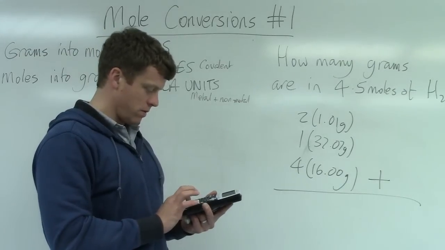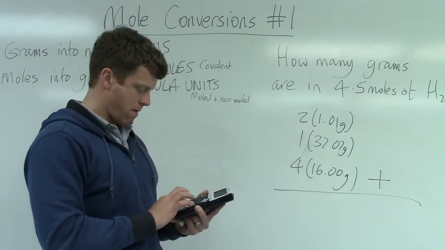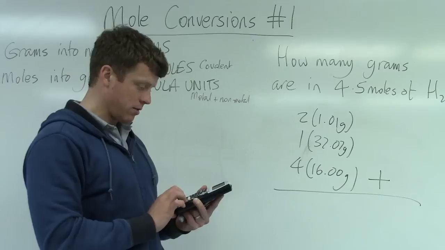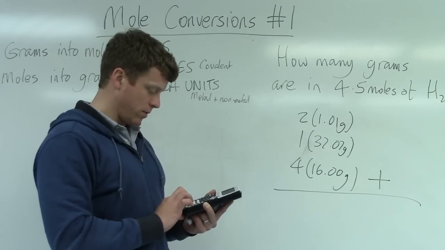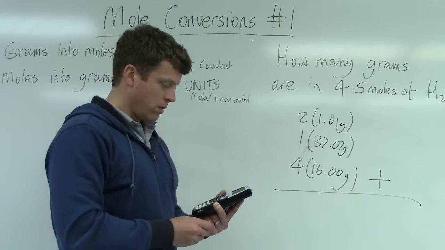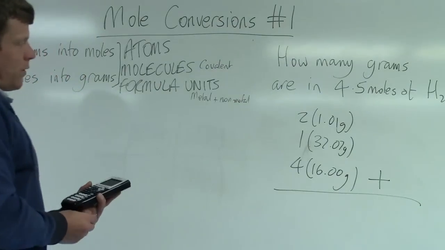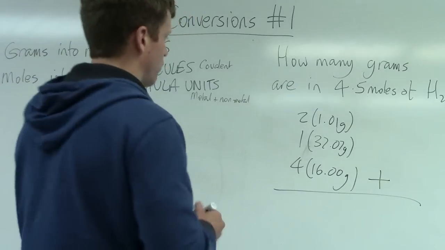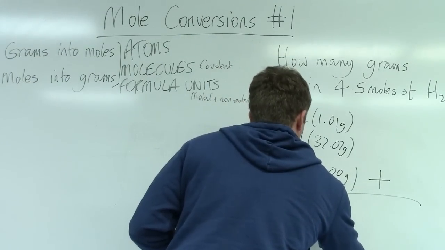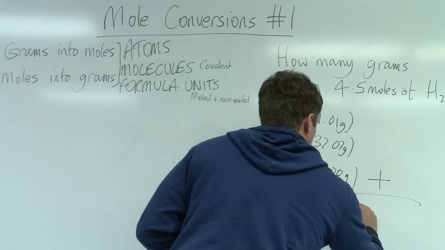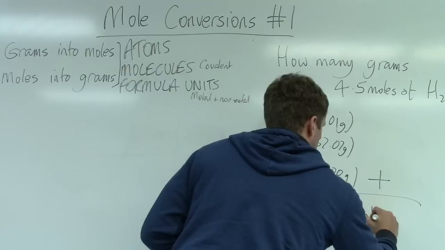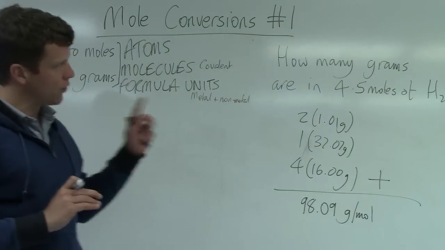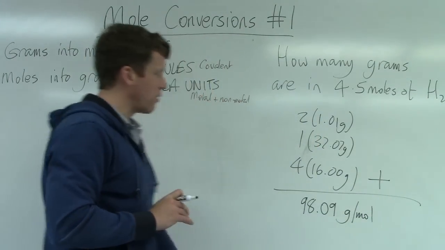So 64 plus 2.02. So 98.09. So the molar mass of sulfuric acid is 98.09 grams per mole.